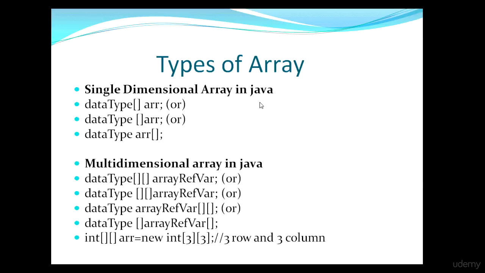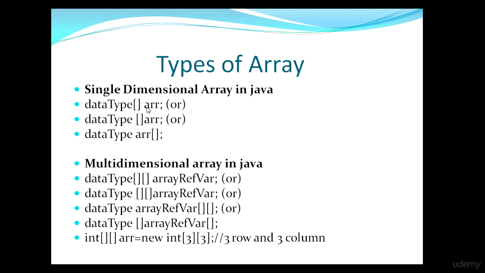You have a data type, a square bracket, and then the array name. The square bracket indicates that it's an array, and the data type indicates what kind of items are going to be held inside that array. So instead of this data type, if I put string, square bracket, and the name of the variable, it will automatically tell me that the array will be of type string. So this is the way of defining your array.